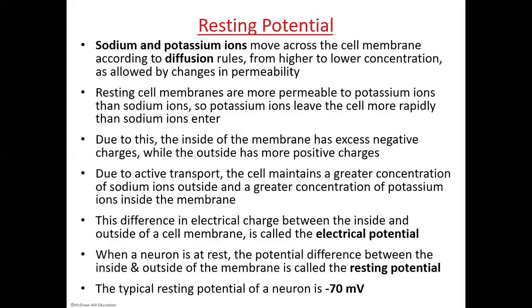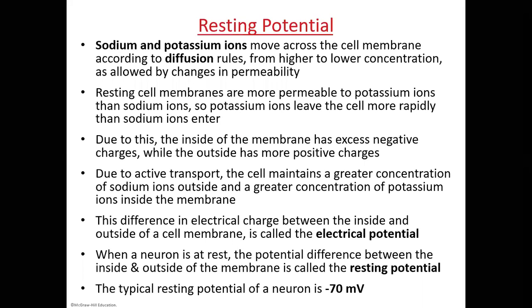Okay, now to reset a neuron to resting potential, that does require energy in the form of ATP. So the cell has to actively transport the sodium and potassium to where they need to be for resting potential. That active transport purposely puts all the sodiums outside and all the potassiums inside.